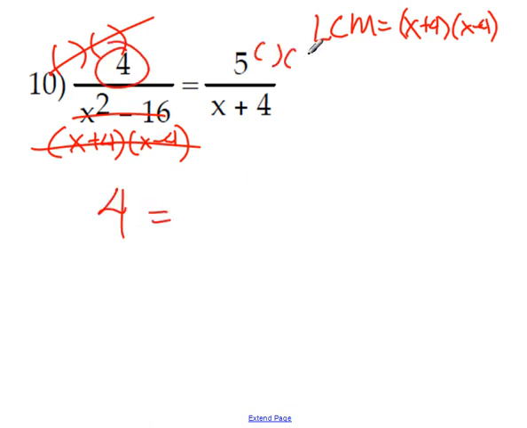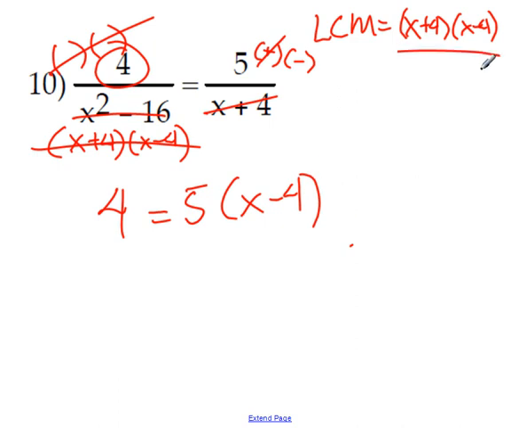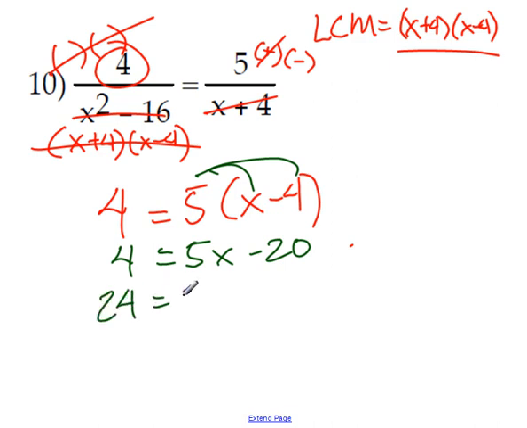Put both our parentheses here, the plus and the minus. The plus cancels this way, so that leaves 5 times x minus 4. So that's just multiplying top and bottom by those guys. I just didn't feel like rewriting them every time. Do our little distribution. 4 is going to equal 5x minus 20. Add our 20 over here to get 24 equals 5x, and divide by 5.